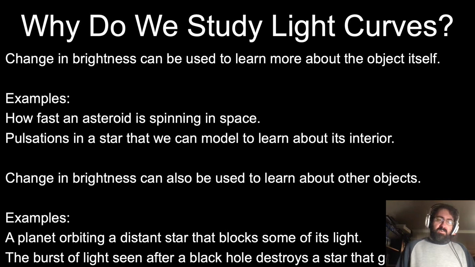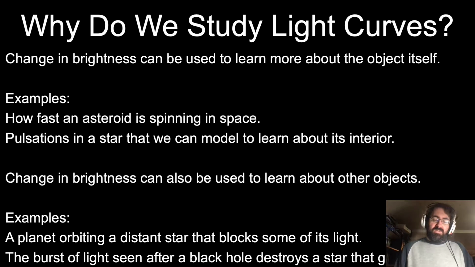Another example are changes in brightness that can be used to learn about other types of objects. So, for example, a planet that's orbiting a distant star will sometimes block the light of its host star if it happens to cross in front of our line of sight and the star it's orbiting.